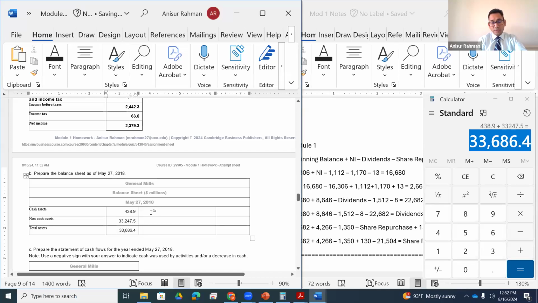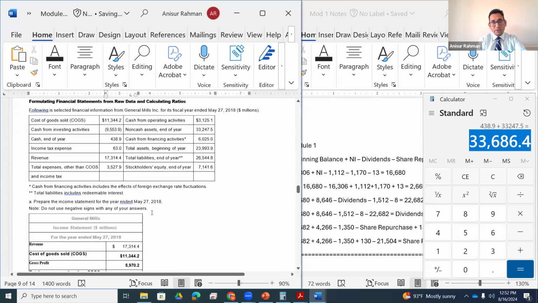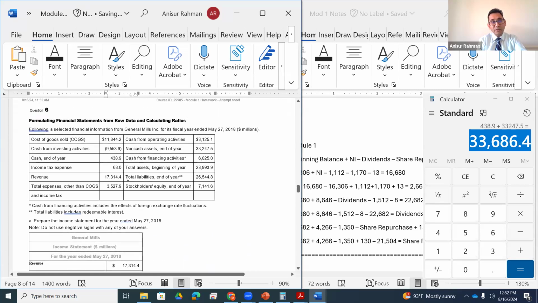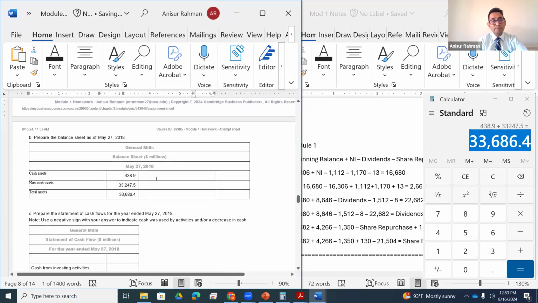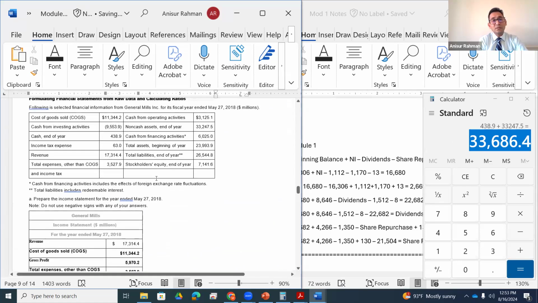Now we need to find out liabilities and stockholders' equity. So total liabilities, $6,544.8. Then stockholders' equity.